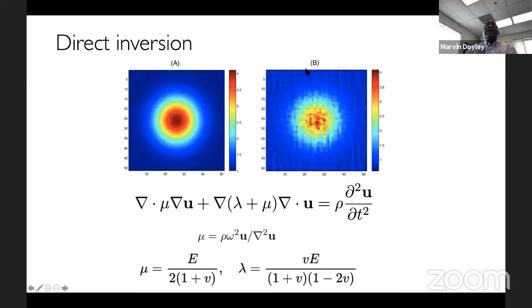We added 0.001% white noise to the displacements, and it falls apart. So what we find with a lot of these direct inversion algorithms is they tend not to be as robust to noise. Different people have come up with different strategies for stabilizing them, but in general, they're faster computationally because this is pretty straightforward to implement and solve, but the price that you pay is they're not as robust.